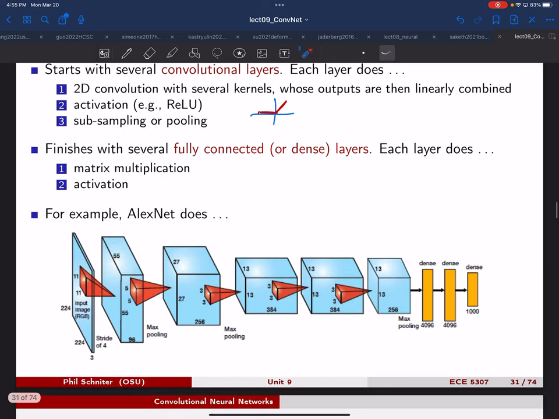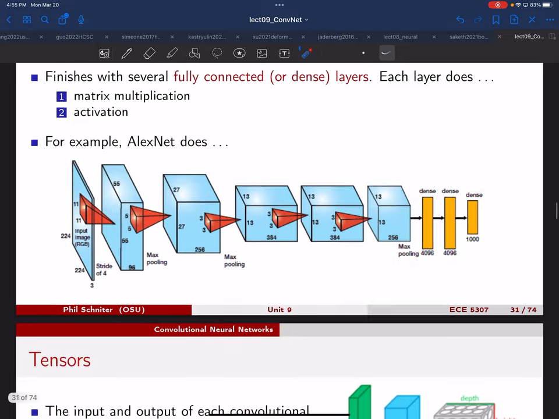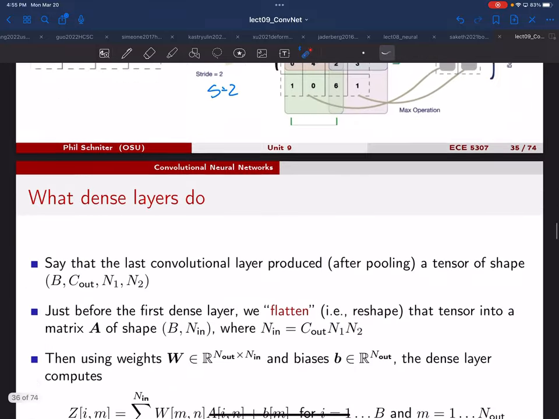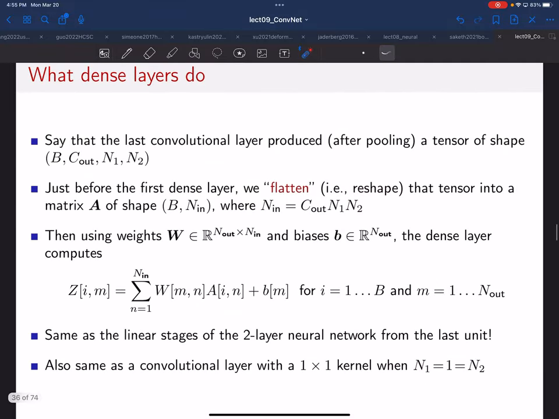Anyway, last thing to talk about are the dense layers. Essentially these are exactly what we have seen in the previous unit. So the last convolutional layer will report a tensor of this shape: batch elements, number of output channels, pixels by pixels. And then we're just going to flatten this into a vector.